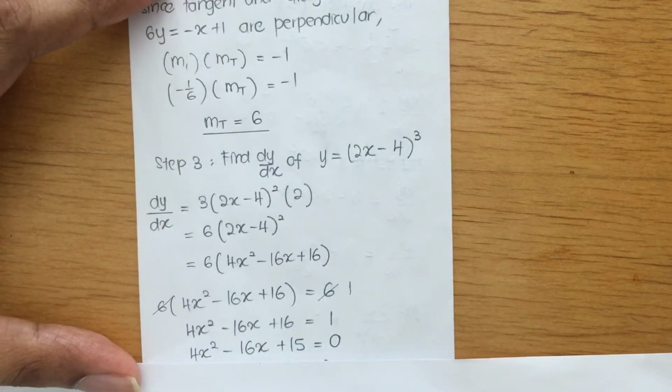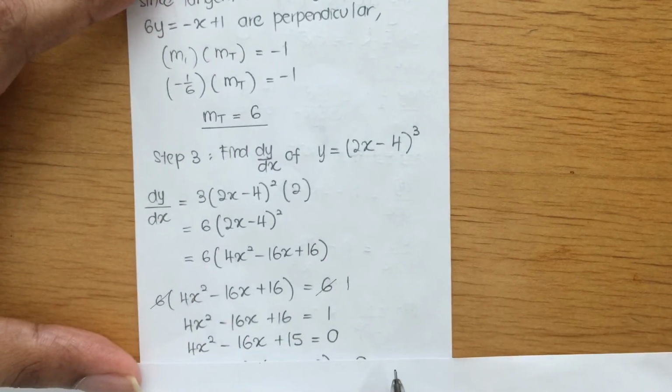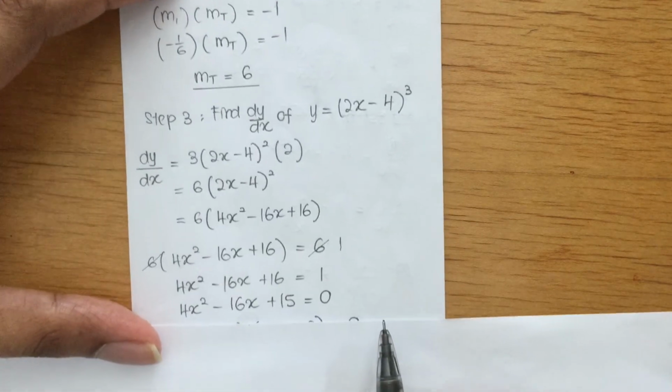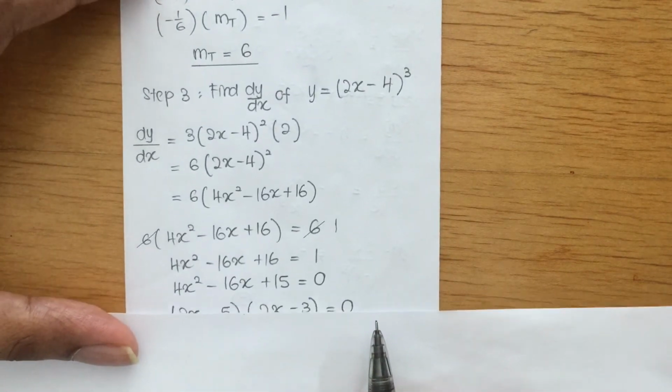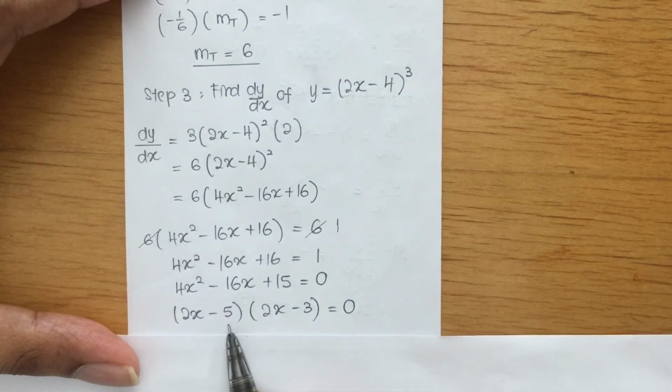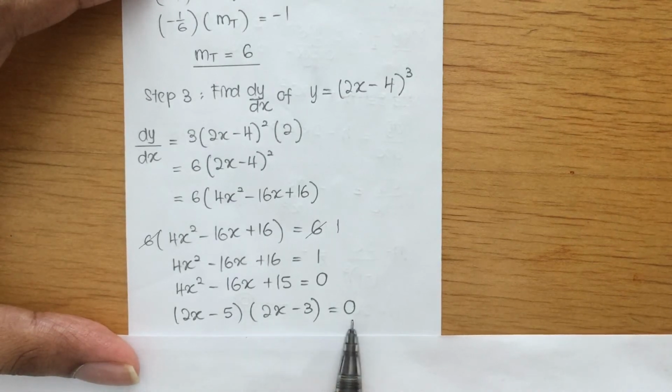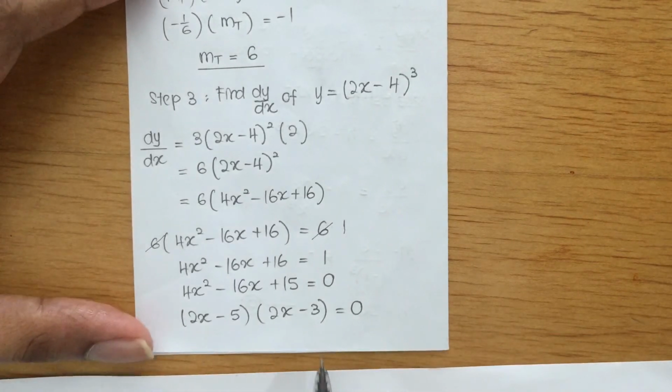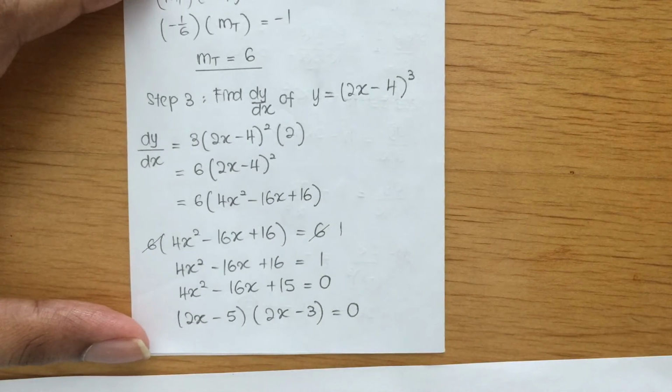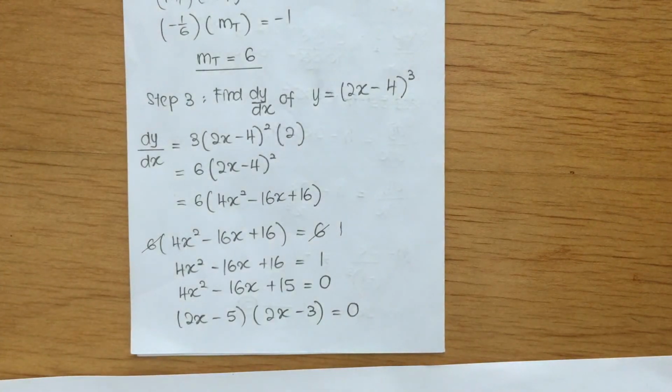Okay. So proceed to solve this quadratic equation through the factorization method. From here you get the factorization: (2x minus 5)(2x minus 3) equals 0. Alright, I'm going to show you the remaining working in the next paper, so please hold on for a moment.